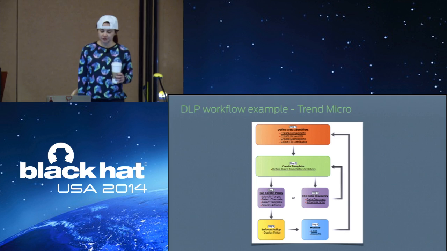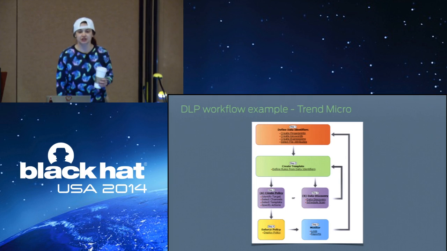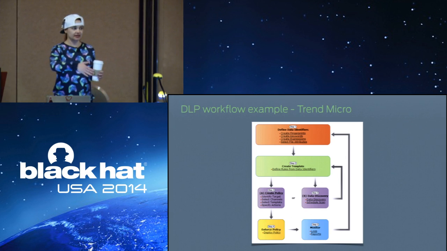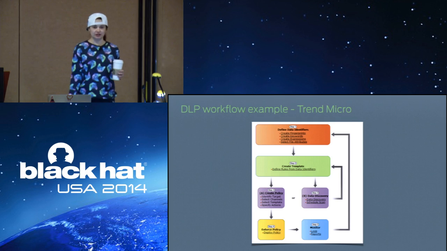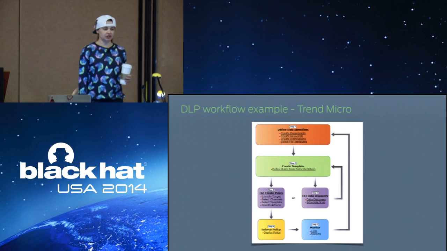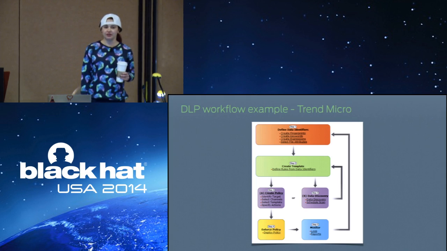Okay, then you're going to figure out, there's a few things you can do. You can do a data discovery, which is one time only: let's get all of the agents, whether they're network agents, agents running on host computers, or agents running against shares, do a mass scan, and tell me what's out there. That's usually something people do initially just to get an inventory of what they're dealing with.